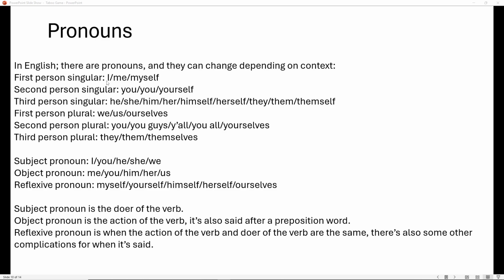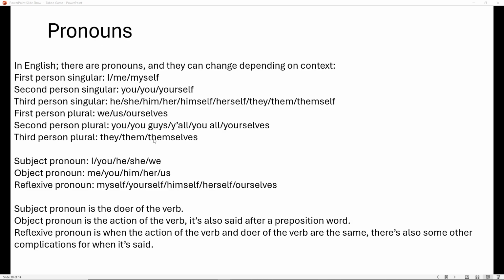So first person singular, that's I, me, myself. So first person, the person who is talking. Second person, the person who is being talked to. Third person, the person who is being talked about. And singular or plural just means whether there's multiple. So I is singular, we is plural, right?